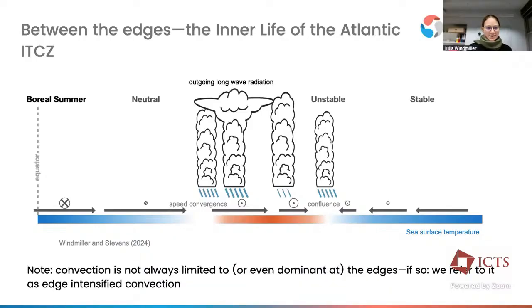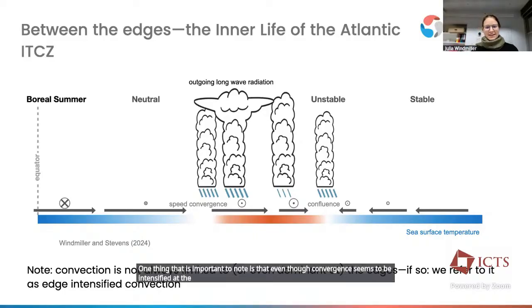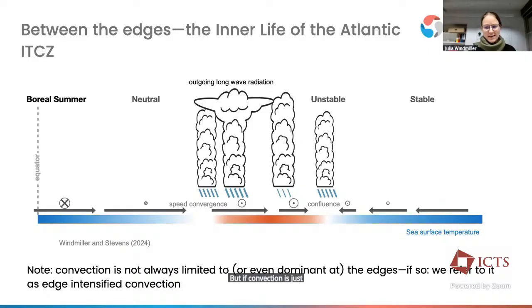One thing that is important to note is that even though convergence seems to be intensified at the edges, it doesn't mean that you never have any convergence inside this region anymore. So you can still have convection. You can also still have the dominant amount of convection in between these edges. But if convection is just happening along these edges, then we refer to it as edge-intensified convection.